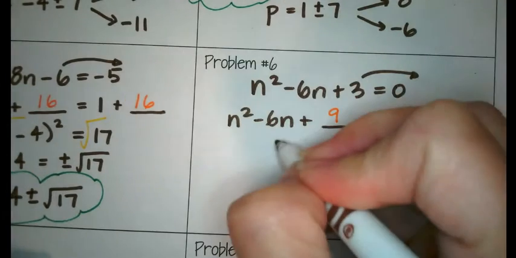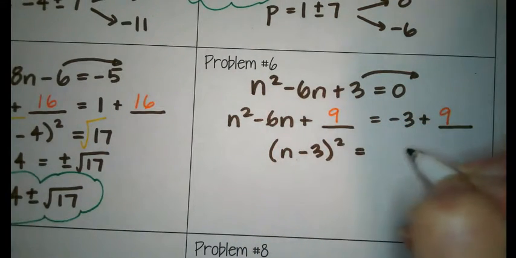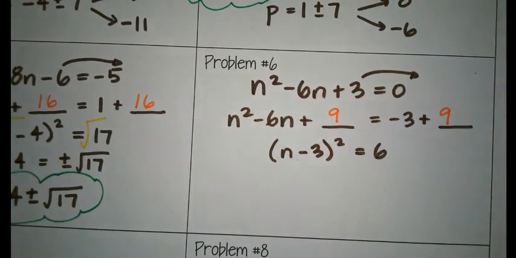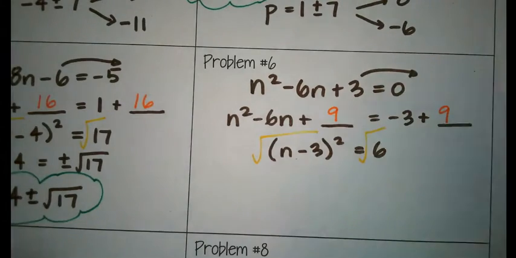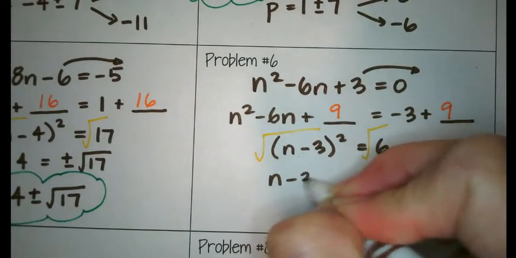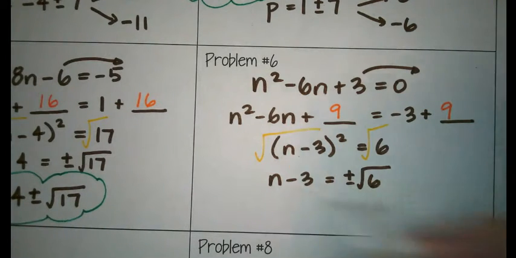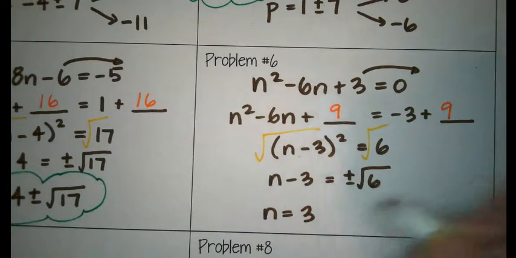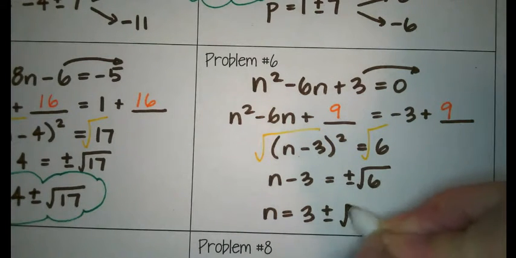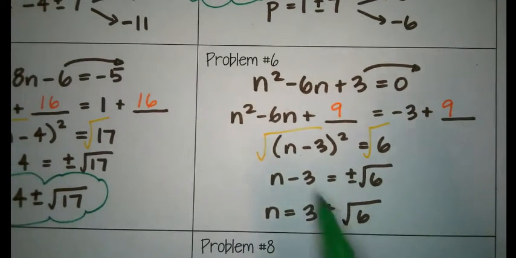So on the left side, we get n minus 3 squared equals 6. Take the square root of both sides. N minus 3 is positive or negative square root of 6. Can't simplify that, so I just need to add the 3 to both sides. And I get 3 plus or minus the square root of 6.